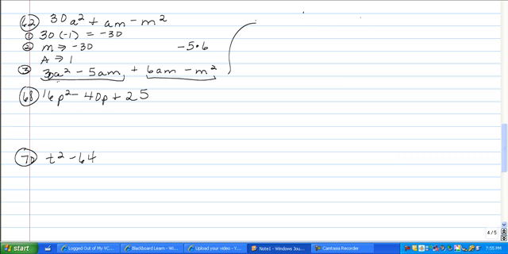Okay, this is 30a squared minus 5am plus 6am minus m squared. I forgot to bring down the 0 there. Okay, so we can take out a 5a. That leaves 6a minus 5m.